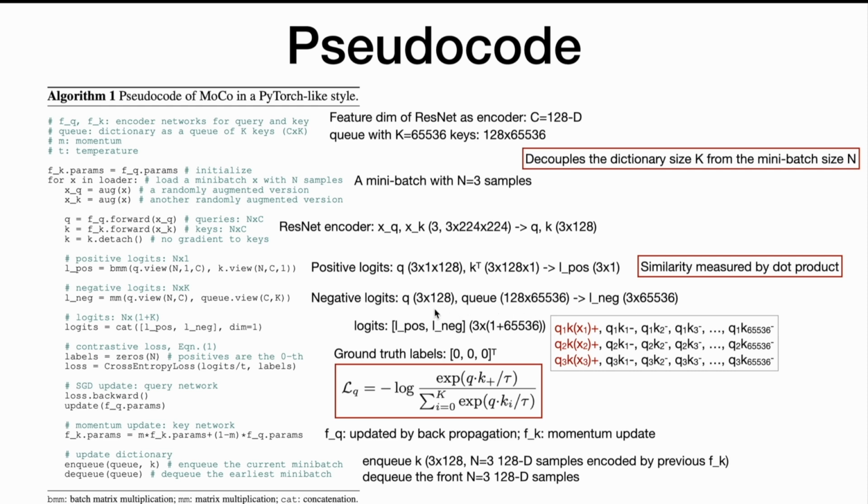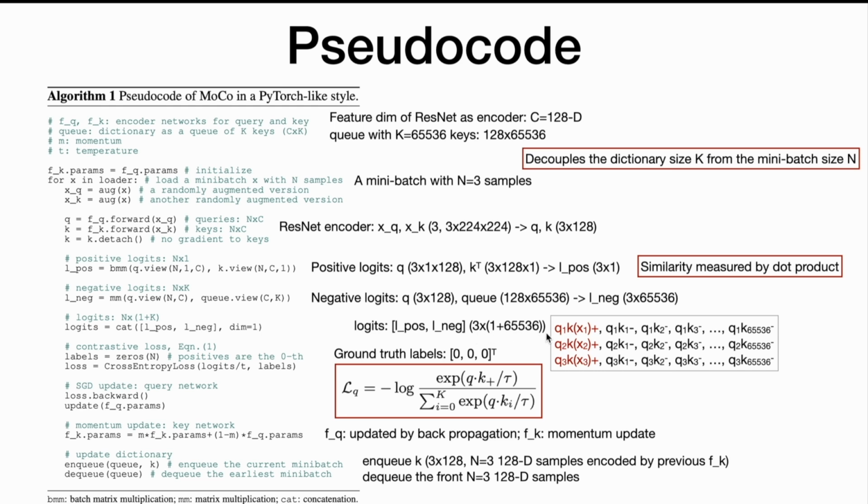By multiplying these two matrices together, we get negative logits. Then we concatenate positive logits with negative logits along dimension 1. That means we concatenate this matrix with this matrix, so we get this matrix.